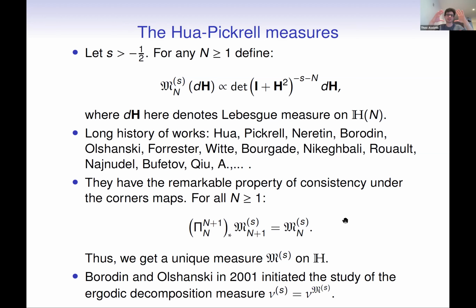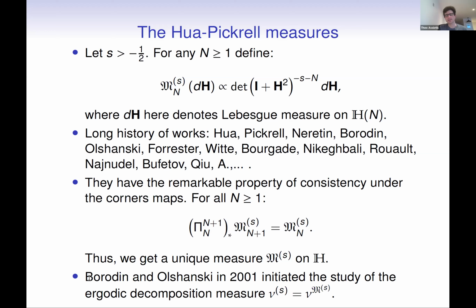What he does is just going from n plus 1 to n and so on. If you want to do this matrix integral to get the normalization constant, just go from n to n minus 1, and so on, up to n equals 1.